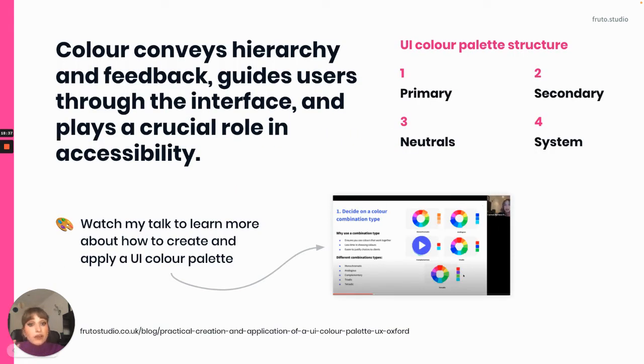Generally, when we think of a color palette in design, we think of a branded color palette. And although this color palette is key to defining the interface, we need a bit more flexibility in UI design because color plays a way more extensive role in UI. It conveys hierarchy and feedback, it guides users through the interface, and it plays a crucial role in accessibility.